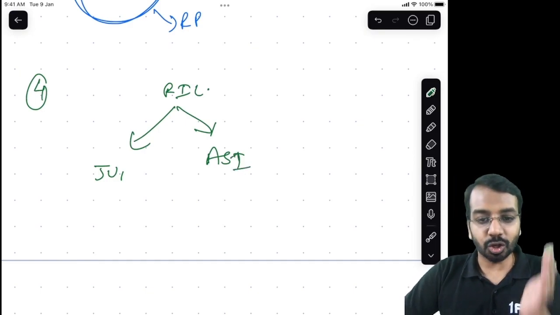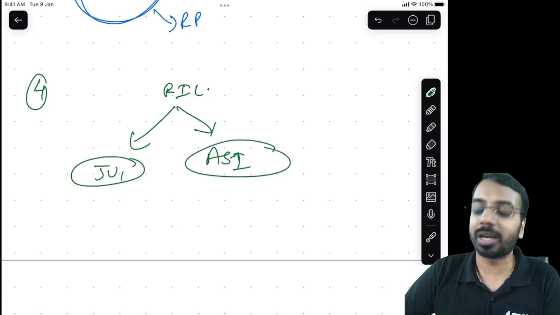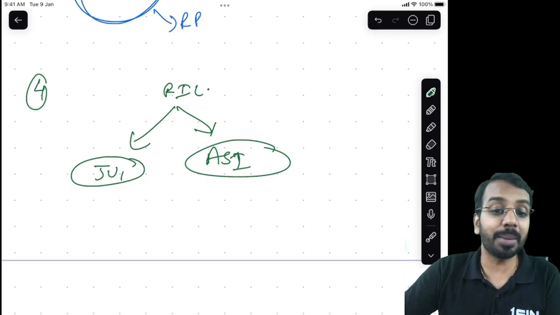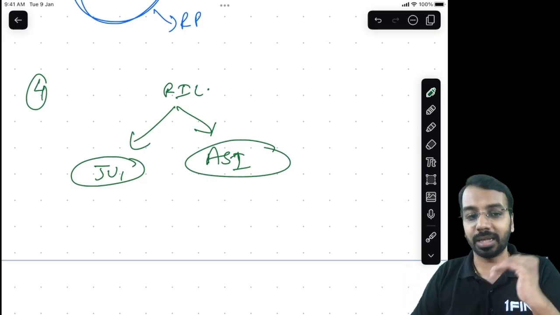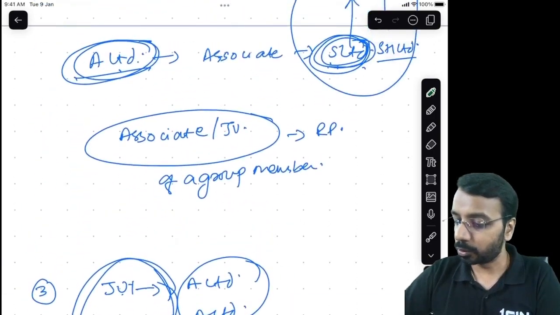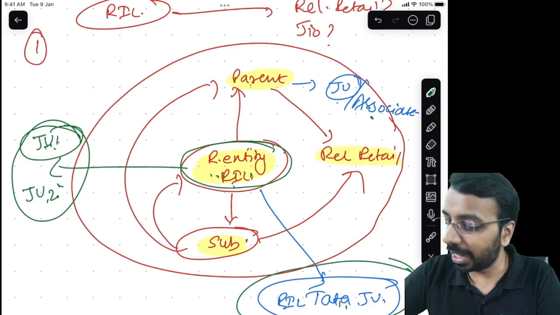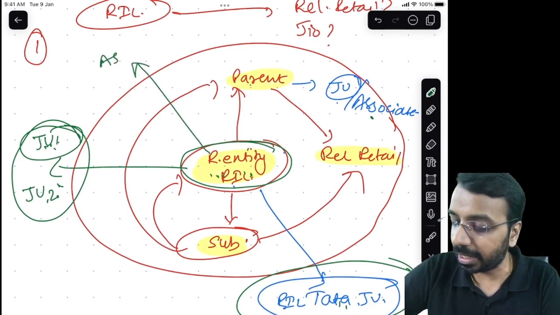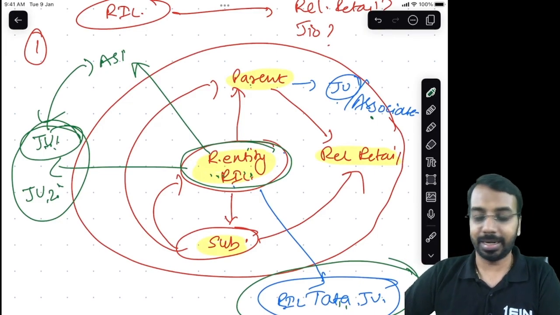So if there is a joint venture of an entity and associate of an entity, JV1 and AS1 are also related party of the same entity. Here we are not talking about member of the group. Please understand, here we are not talking about member of the group. So here in this example, if Reliance Industries has one more associate called AS1, these are also related parties.